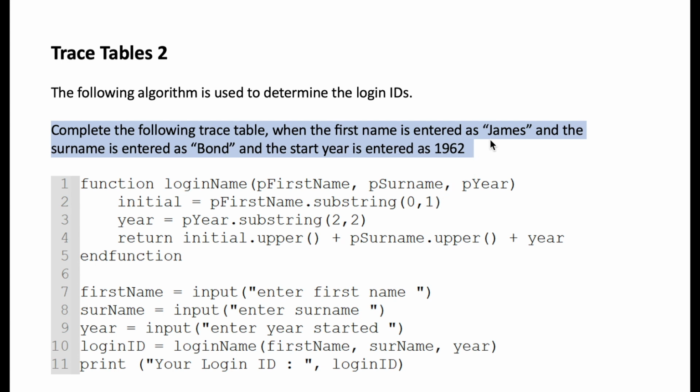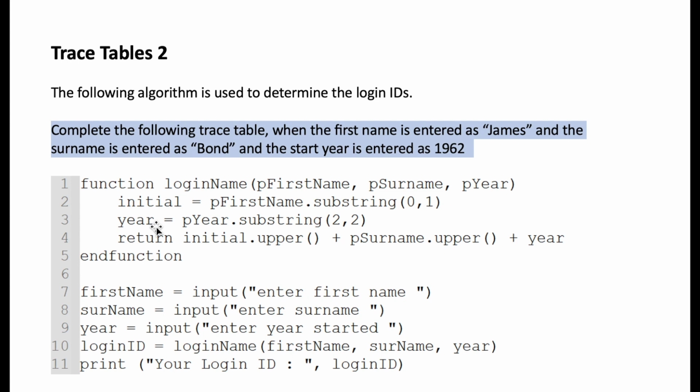So we've been given the first name as James, so the character that occupies position 0 in a string is the J, because this is index position 0. It's asking us to return just one character, so we will get the capital J back. So the local variable initial will be assigned the value of capital J.